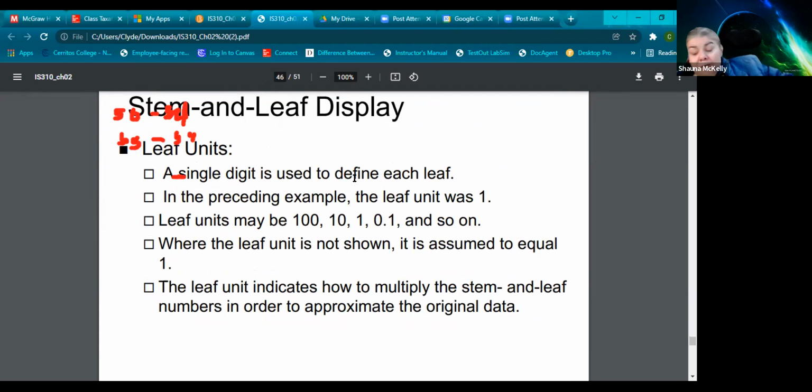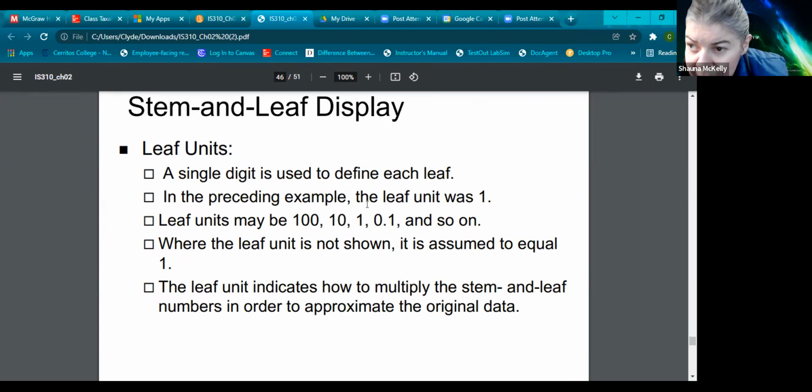So then there's a few rules about the leaves. This is a question that you just asked me. So a single digit is used to define each leaf. The leaves are the ones on the right. In the preceding example, the leaf unit was one digit, okay? Leaf digits may be hundreds, tens, 0.1, and so on.